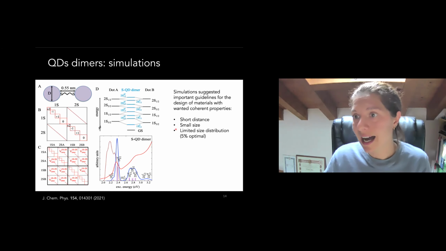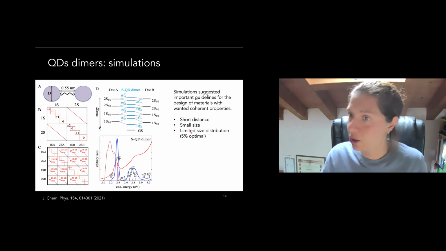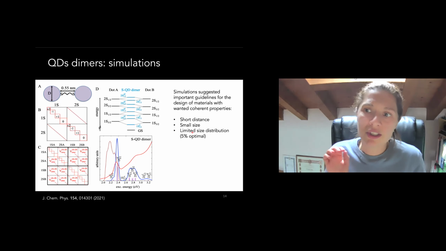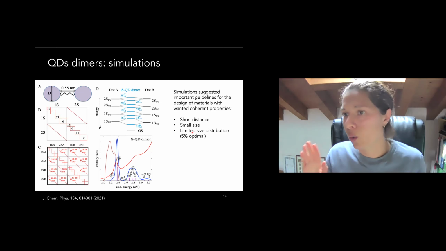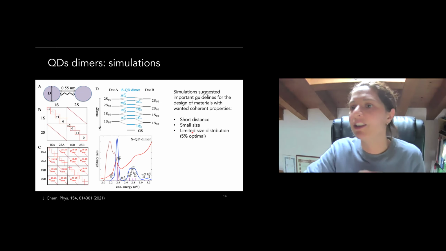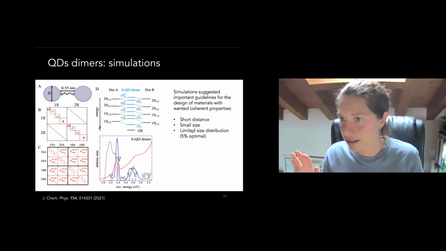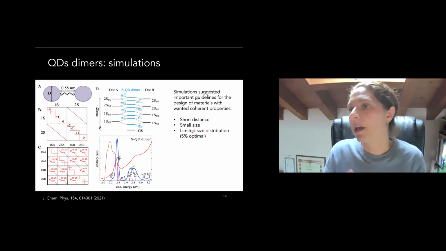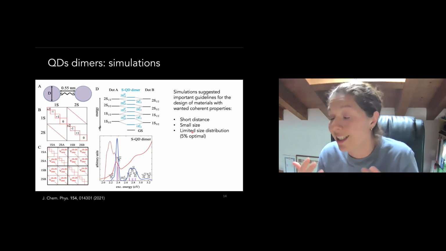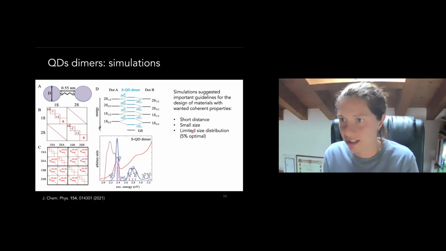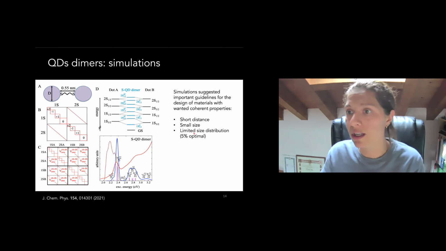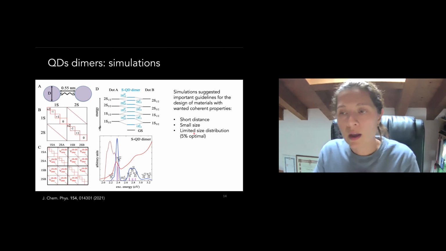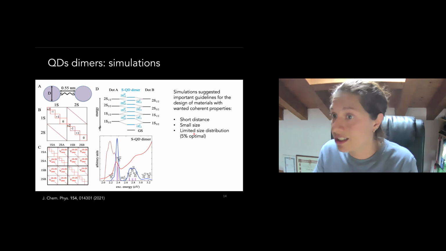Moreover, we also studied and assessed the role of size distribution. Size distribution is something that you can never avoid when you prepare a quantum dot sample. You will always have a distribution of sizes in your final sample, even if material science techniques can reduce the size dispersion. We found that 5% size dispersion is an optimal value. 10% is still acceptable.